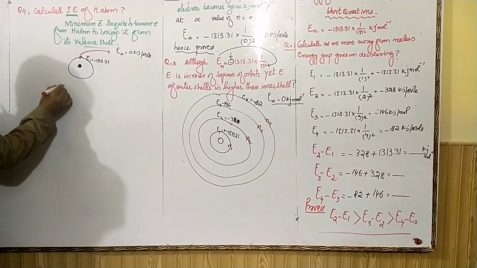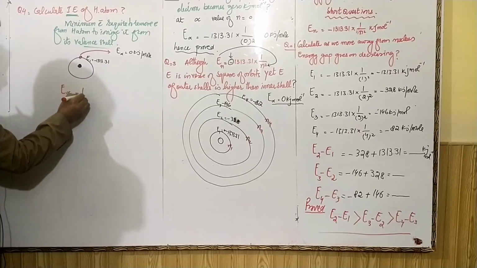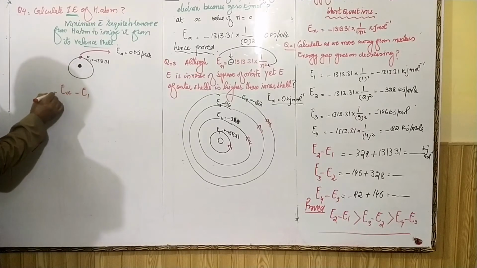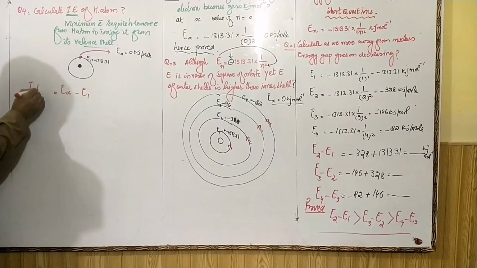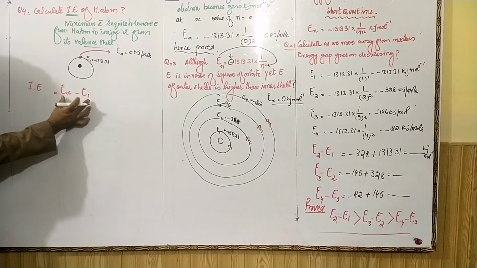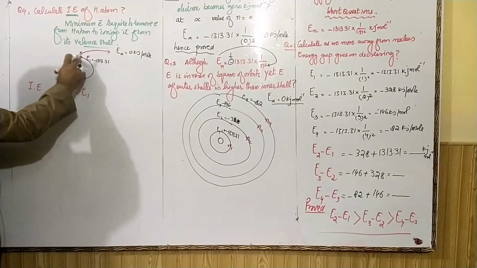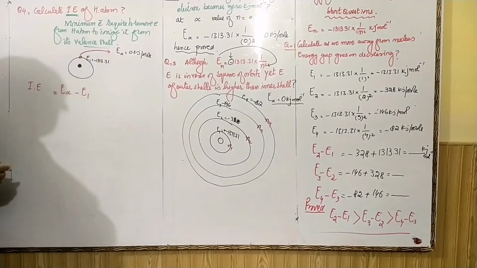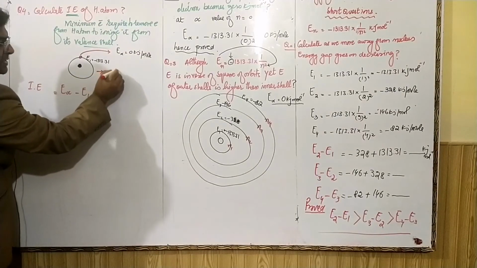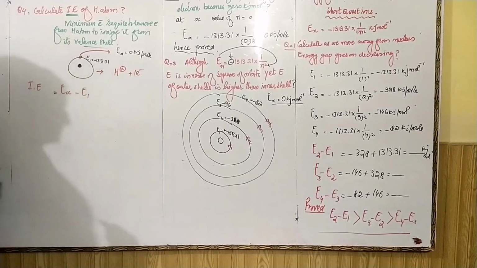That will be energy at infinity, higher energy, minus energy of first shell, that will be called as ionization energy. If we can give this much amount of energy, electron will be removed from first shell to infinity and hydrogen will be ionized.